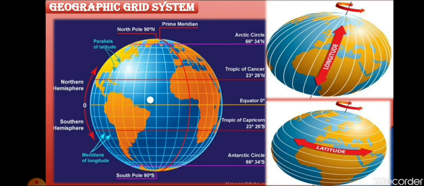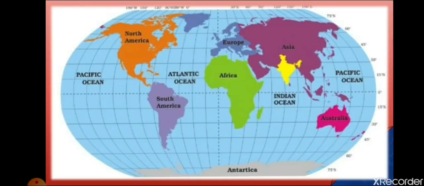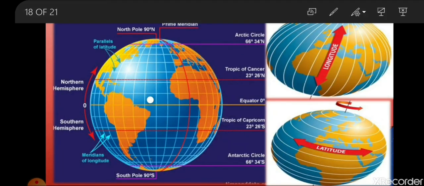Our next topic is the geographic grid system. Students, this is the topic through which we know the location of places on the globe. By this we come to know the absolute location of places on the globe. Here we have longitudes and latitudes.